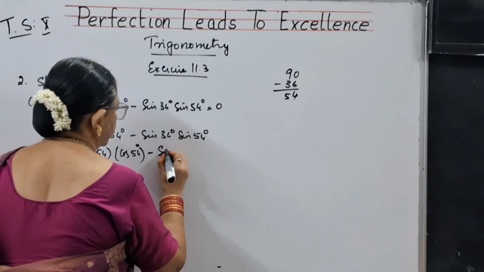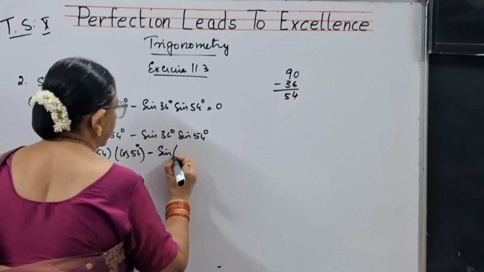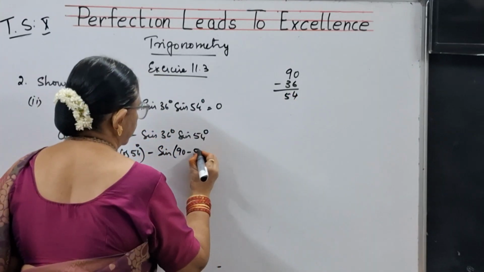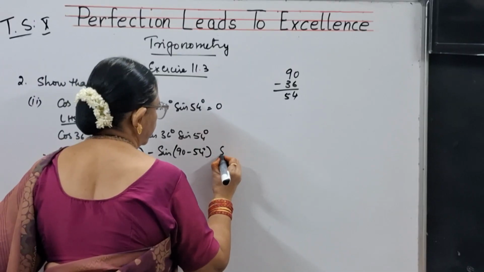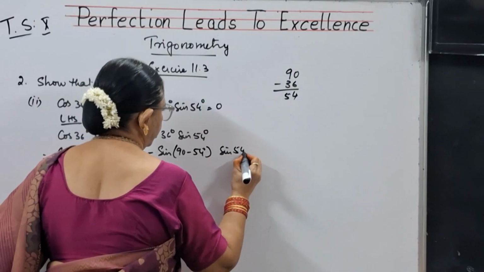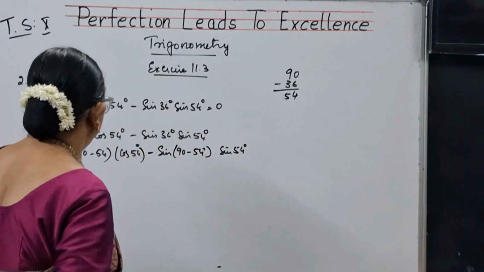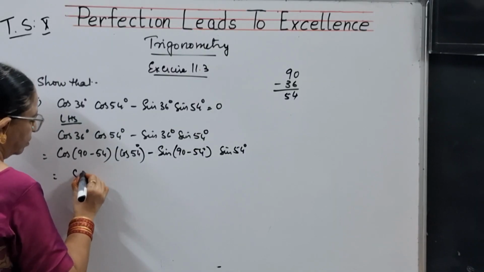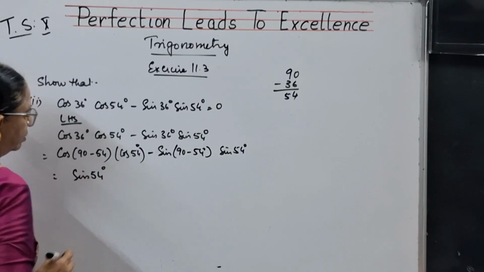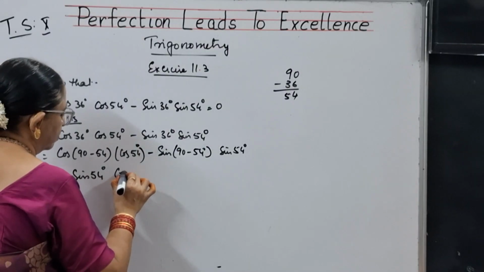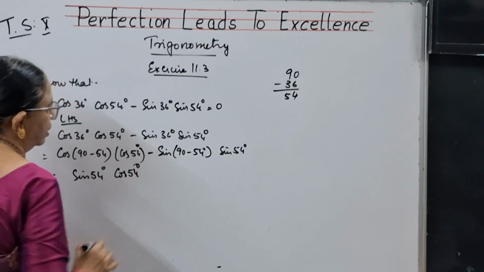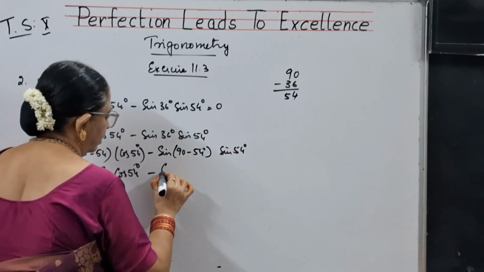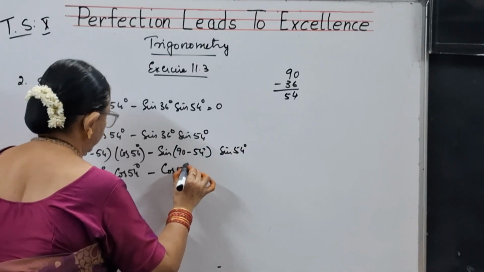Sin 36 degrees can be written as sin 90 minus 36, which means cos 54 degrees, into sin 54 degrees. So cos 90 minus theta is sin theta.